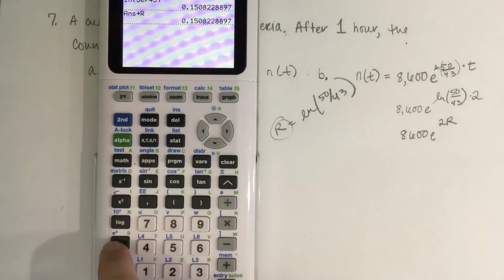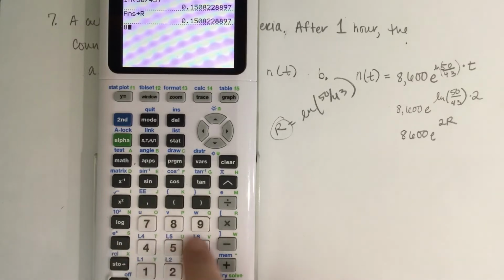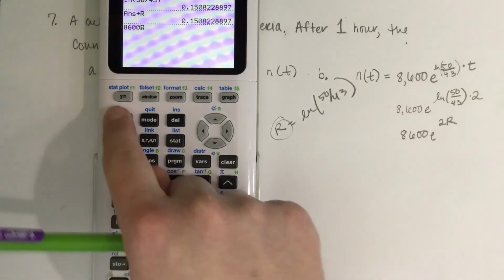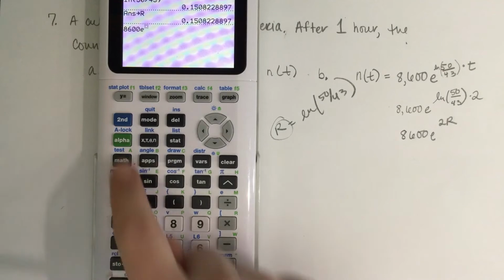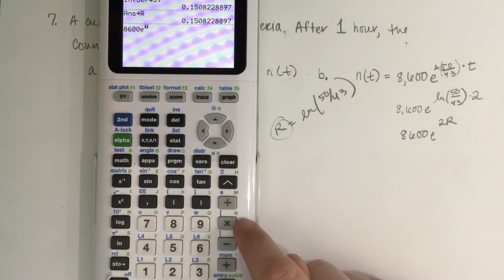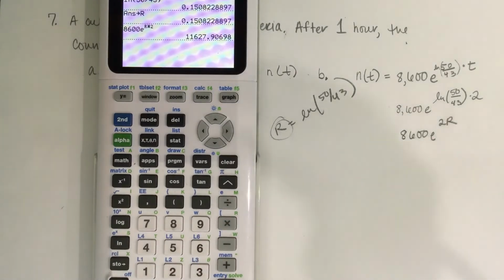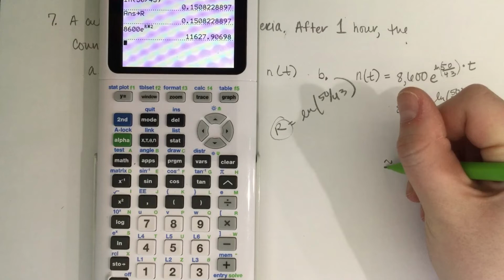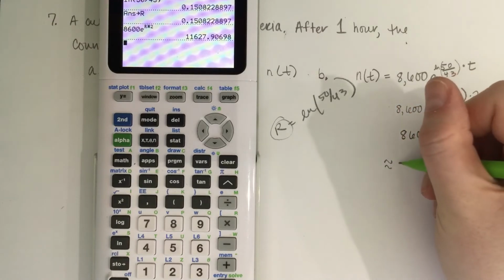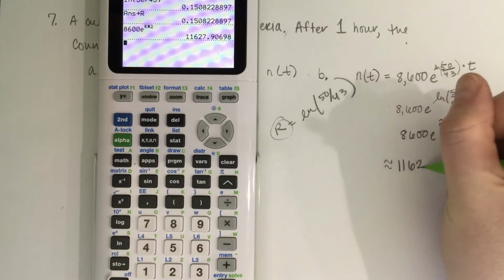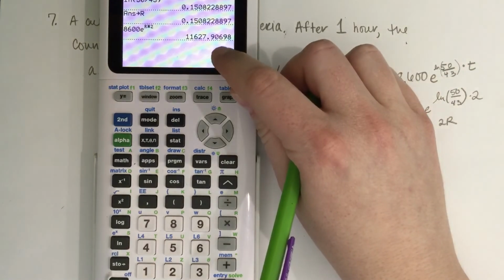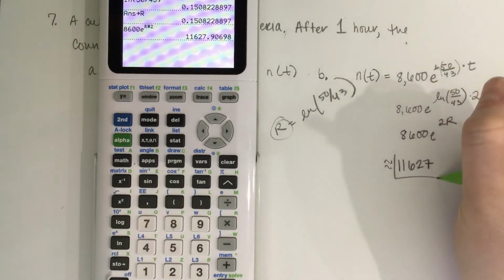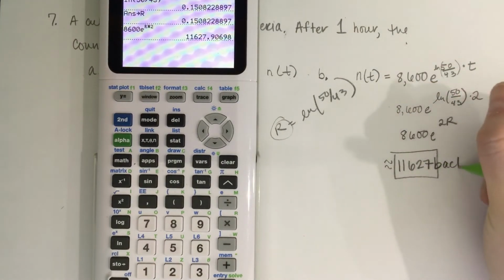So when I go to calculate this, 8,600 times e, oops, wrong one. And so after 2 hours, we know that it is 11,627, and that should be bacteria.